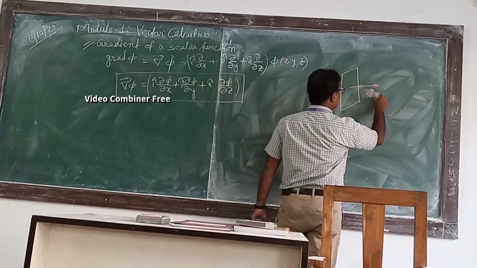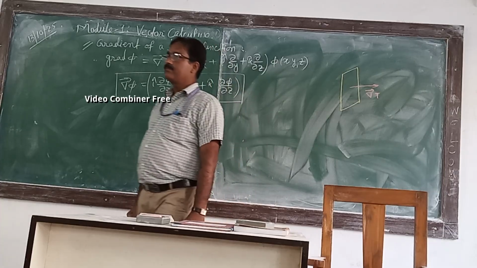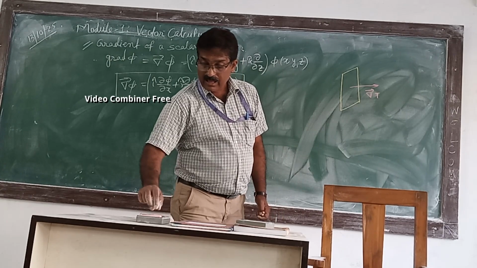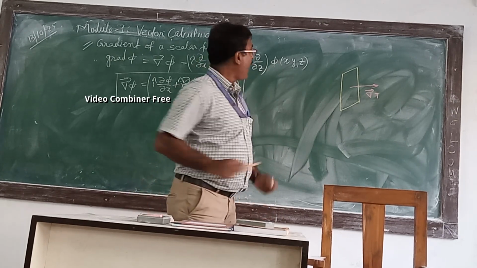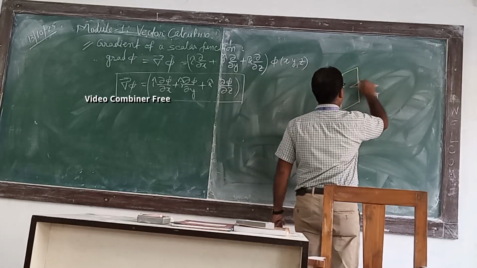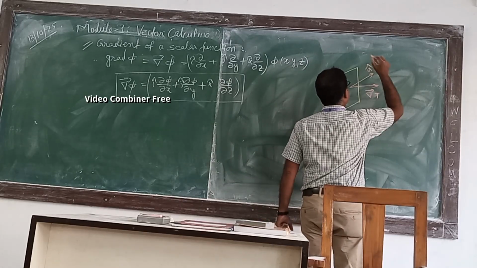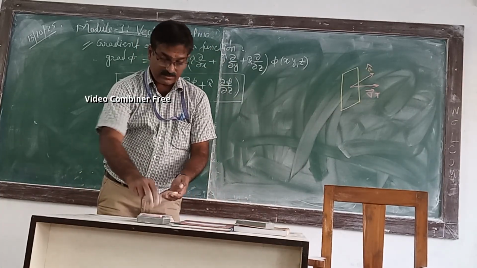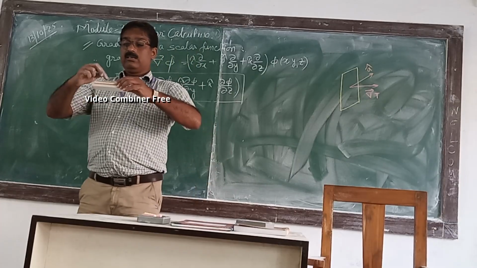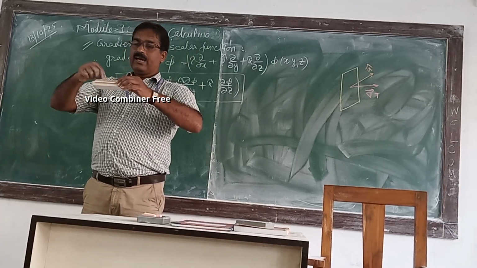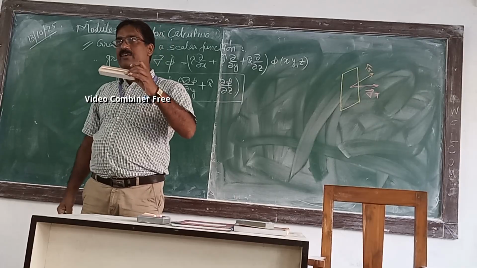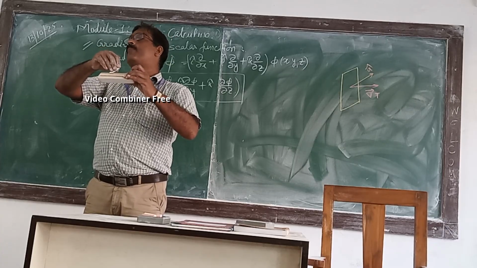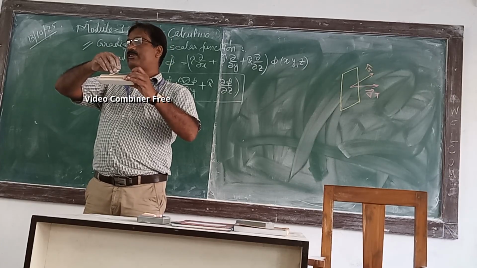This is the gradient of T. Now, if we want to take the change along another direction, where the unit vector is A, that is, any direction, what is the change of temperature with respect to distance?